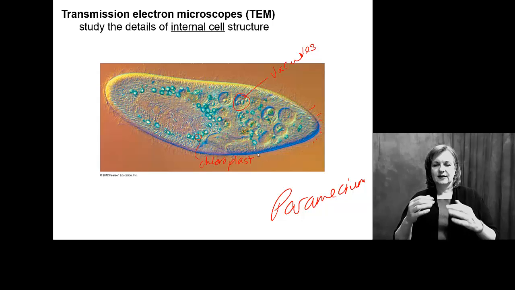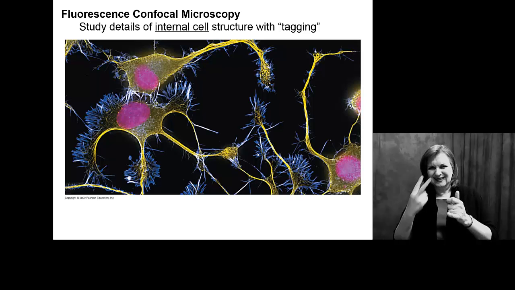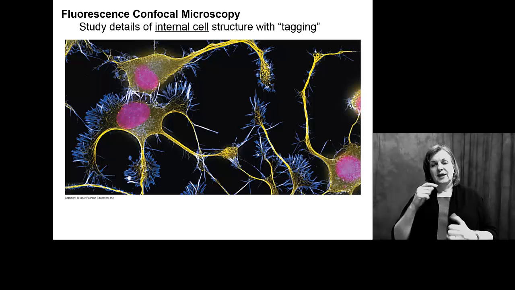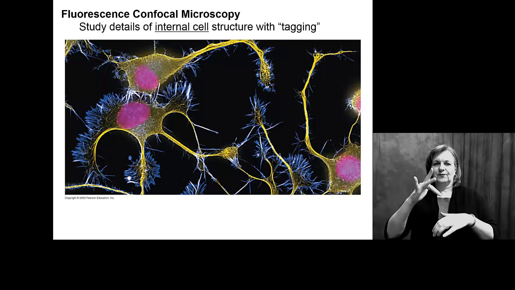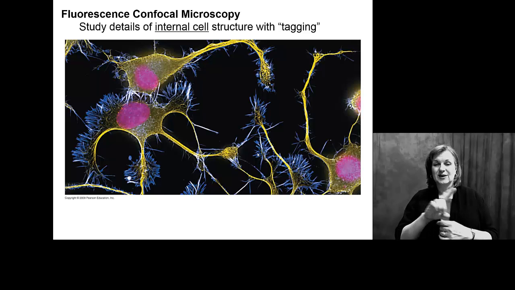We go one step further now and go into something known as fluorescence confocal microscopy. And this is looking at internal structures, but instead of just having that blank, colorless image I showed you before, we now go in and actually fluorescently tag things or label them with fluorescent markers.